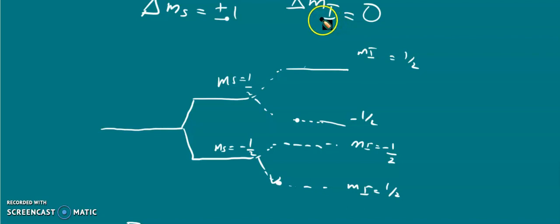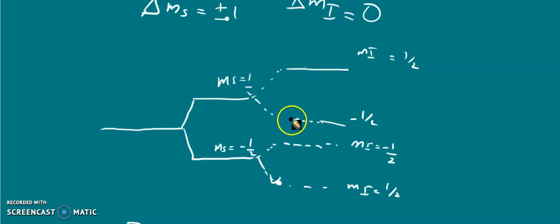So the transitions are such that delta ms is plus or minus 1 and delta mi equal to 0. So these are the allowed transitions and all others are forbidden. So the transitions will take place such that ms changes by 1. So from ms half to ms minus half, there will be a transition.